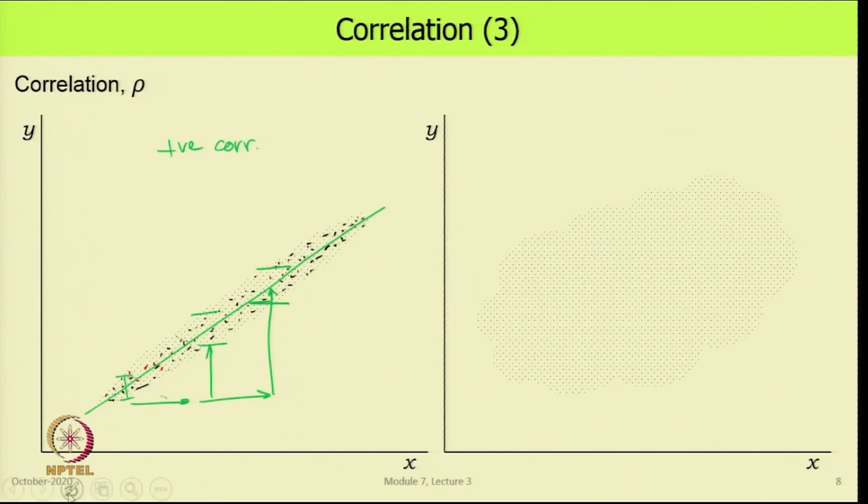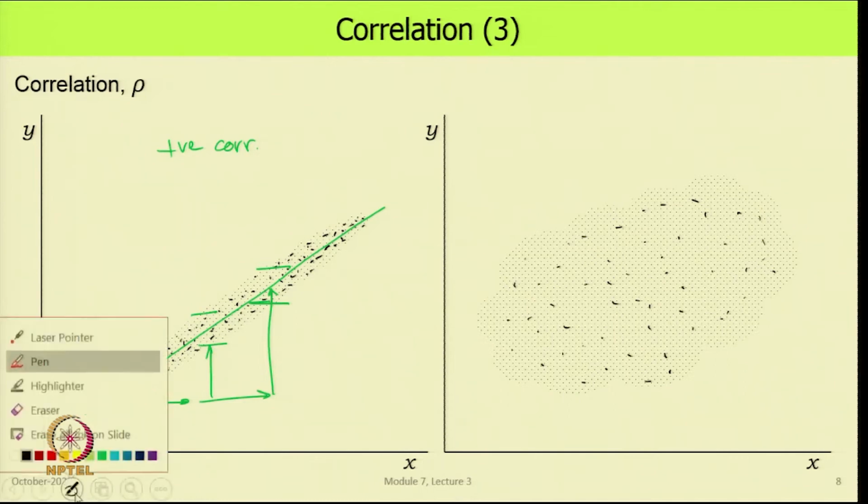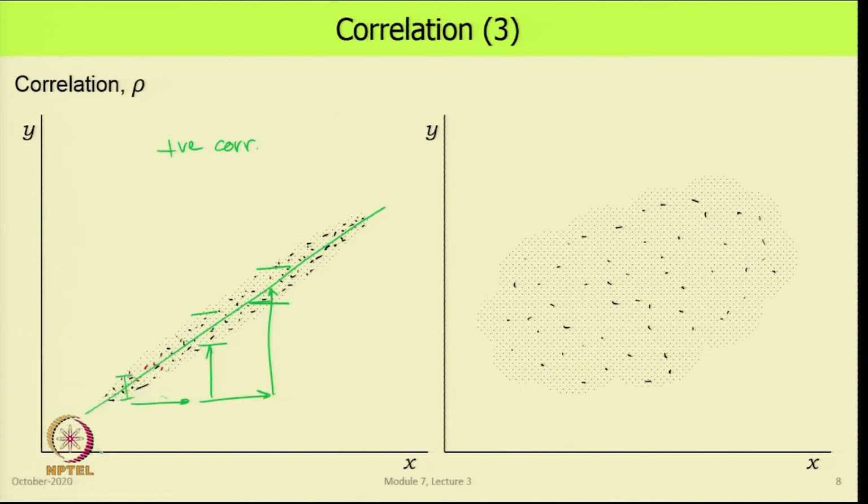Now, let us look at another case, and in many experiments this actually happens. All these dots are the data points, and we ask what is the correlation of x with y. And one could argue, but not very convincingly, that well, I think they lie on a line like this.